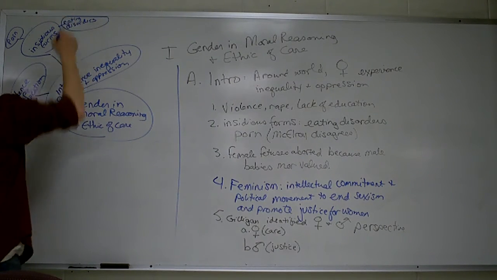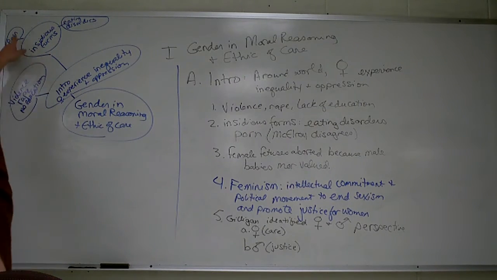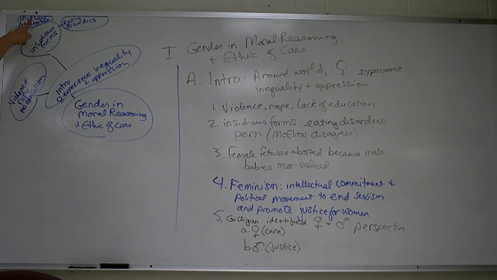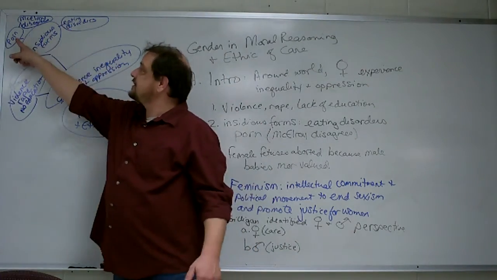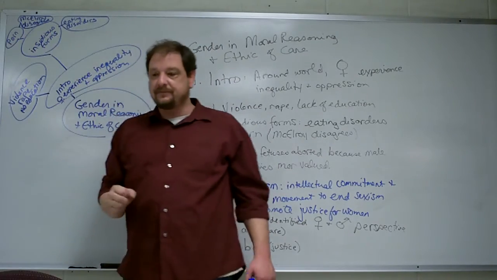in my outline, I put them on the same line, mostly just to save space. And then, of course, for porn, we would have to say McElroy disagrees. But you'll notice that this McElroy disagrees, that's just related, can you see this? McElroy disagrees is just related to porn, not about everything else. So that line is just connected to that one.